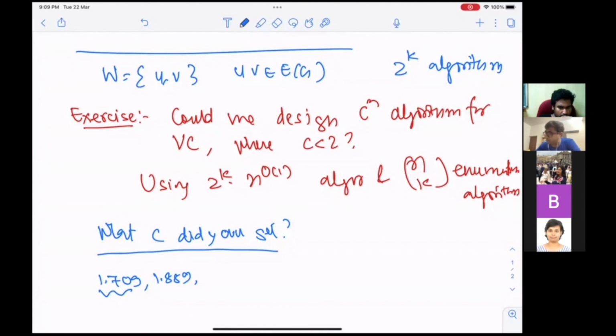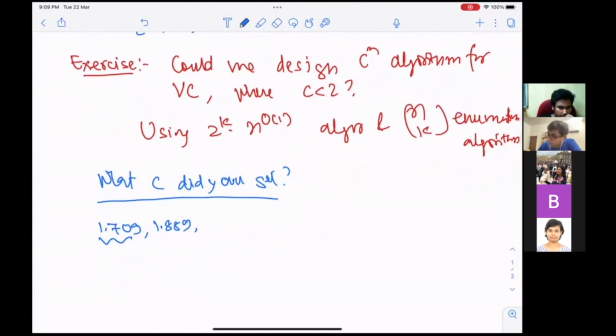This is what you will be able to get: 1.709 to the power n, n to the power big O of 1.